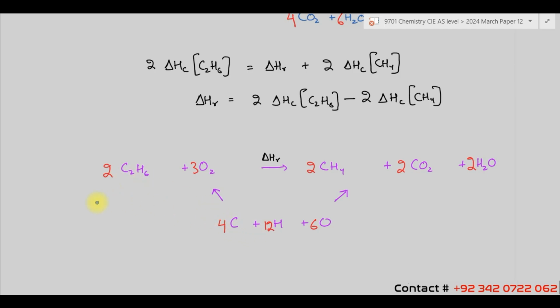So we have 2 moles of C2H6, we can write 2 into enthalpy change of formation of C2H6. Similarly for this one we can write 2 into enthalpy change of formation of CH4, 2 into enthalpy change of formation of CO2, and 2 into enthalpy change of formation of water.